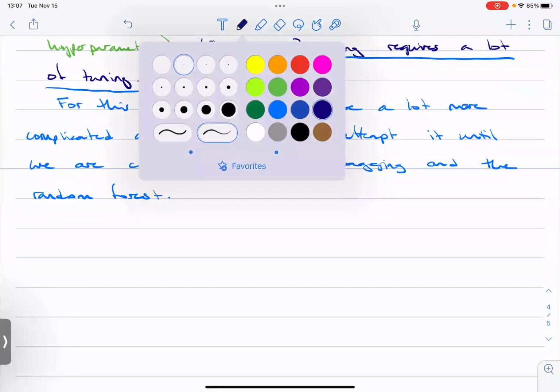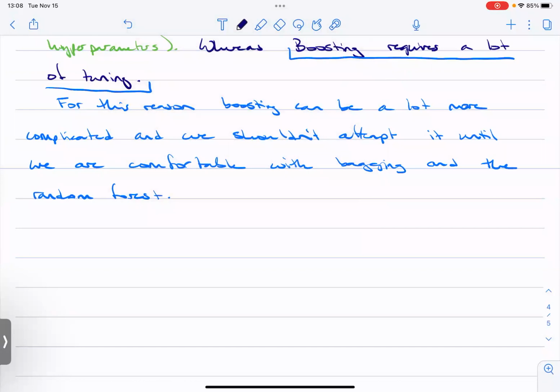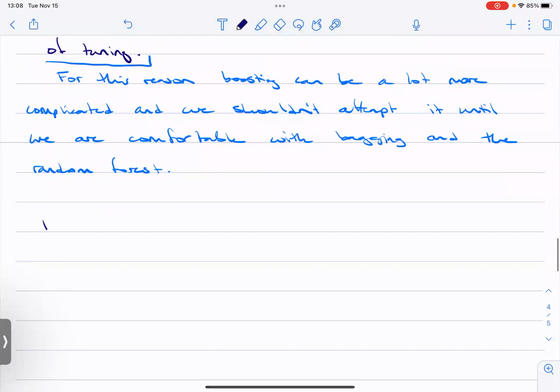That said, there are many types of boosting that you can do. The most common ones are in the textbook. So here's what I'm going to say about boosting.